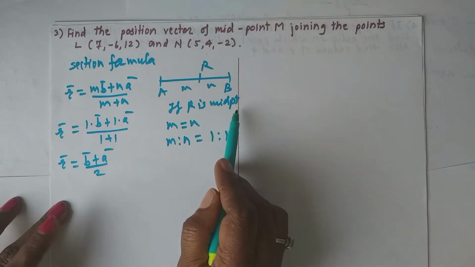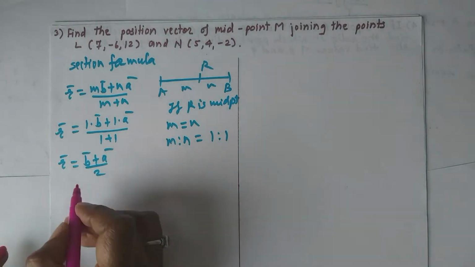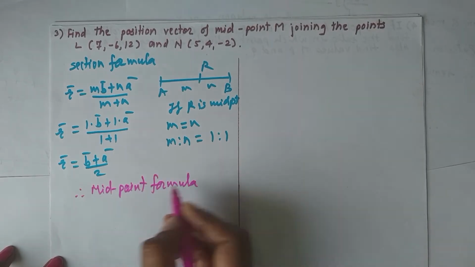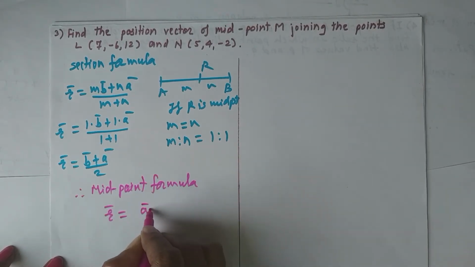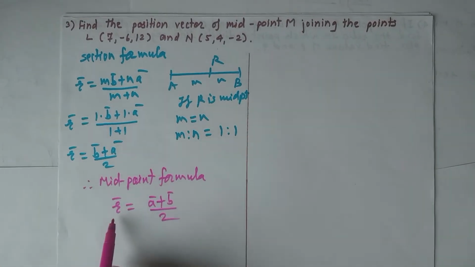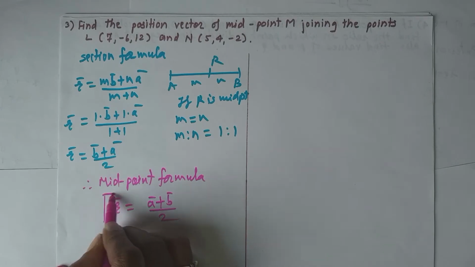Therefore our midpoint formula is R bar is equal to (A bar plus B bar) divided by 2. If R is the midpoint of the line joining the two points A and B, then R bar is equal to (A bar plus B bar) divided by 2. We will use this formula.